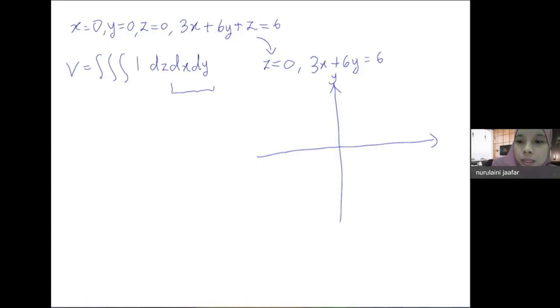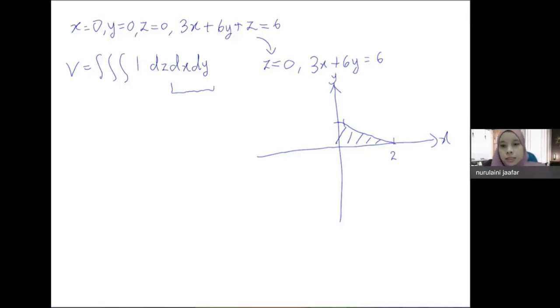When y equal to 0, we will get x equal to 2. When x equal to 0, we will get y equal to 1. So this is our graph. This is the region of the xy plane.